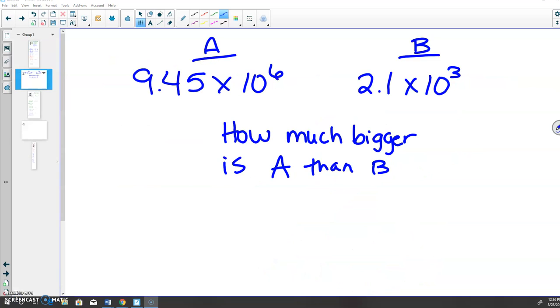Okay, let's say you have stadium A and stadium B. And you want to know how much bigger is stadium A than stadium B. If you want to know how much bigger one thing is than the other, you would have to divide. Okay, so here we go.